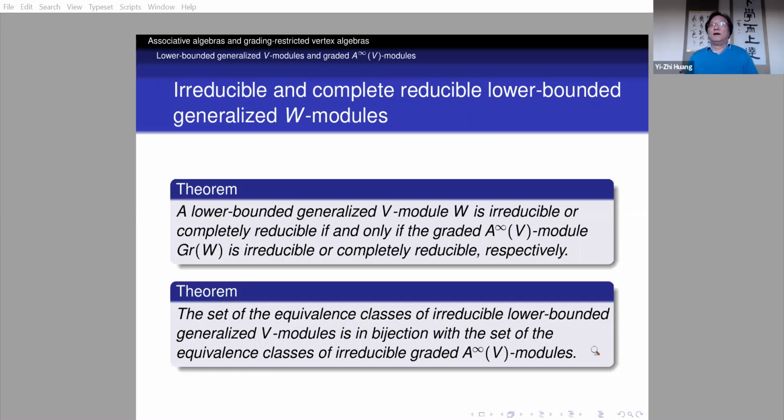For example, for A infinity(V), I haven't written this down yet, but my guess is, for the affine Lie algebra vertex operator algebra given by the generalized Verma module for the affine Lie algebra, A infinity(V) for that kind of vertex operator algebra should be just the universal enveloping algebra of the affine Lie algebra, or some minor modification. Roughly speaking, it should be this. So this kind of algebra, A infinity(V), is still too large.